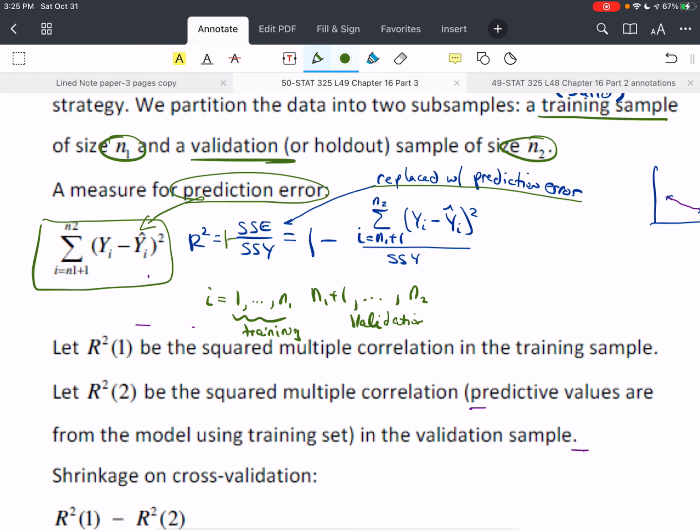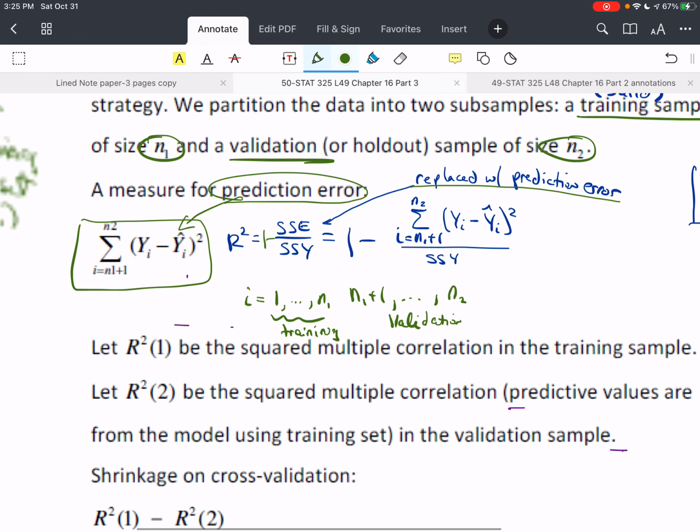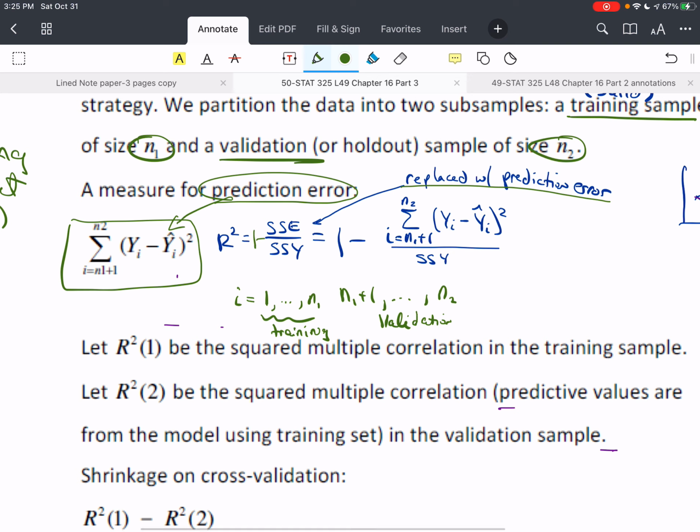And so we're going to only put this measurement on the validation data set. We're going to calculate R squared for both of these: R squared using the training data set and R squared using the validation data set.